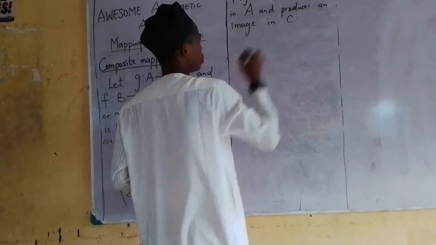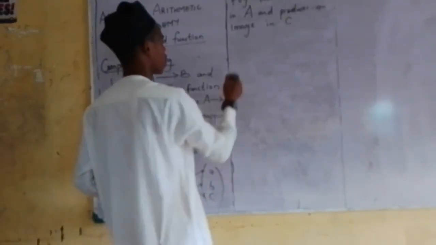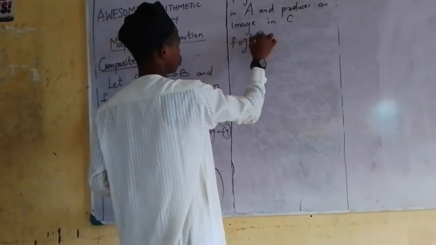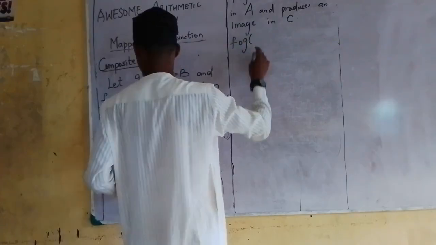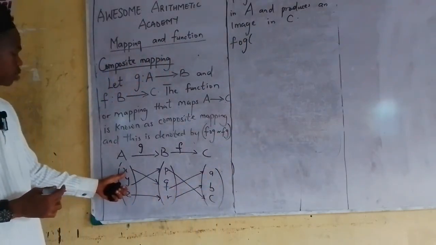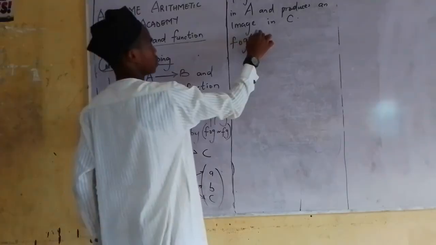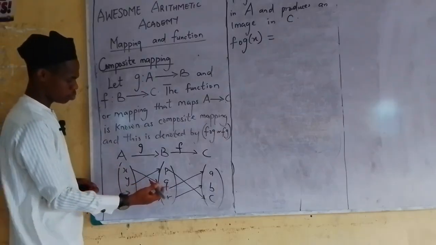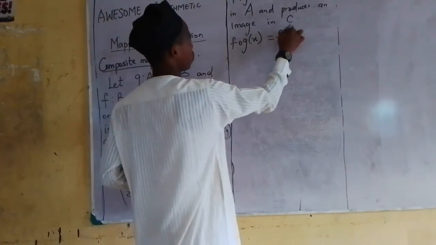So what we are saying is, if I have f of g of x, let's take one of the elements here, which is x. We all know that g of x will give me q, so that means I'm having f of q.